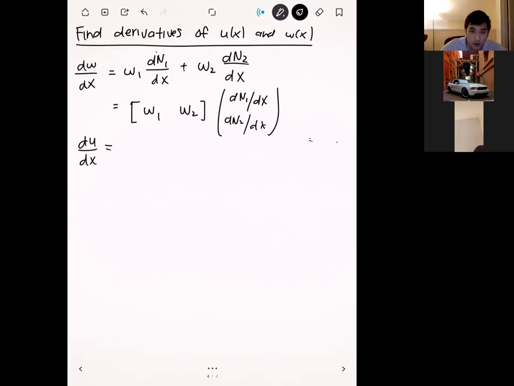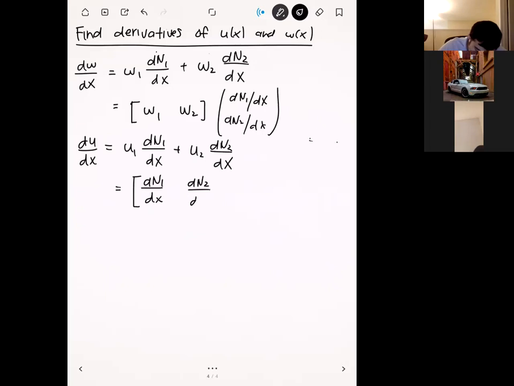And so du dx, we're going to just take derivatives of the shape functions. Okay. And then we'll also put this in vector form. And so this is dn1 dx, dn2 dx times u1 u2. Okay.